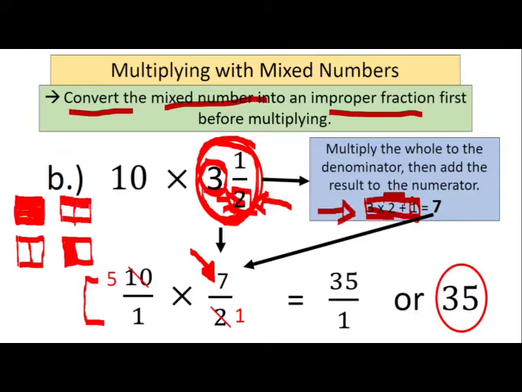Kapag bibilangin natin yon, 2, 4, 6, all in all, that's gonna give you 6. That's the reason behind we are multiplying 3 by 2, or the whole number by the denominator. And then we just need to add whatever part we have left for our fraction in here, which is 1 in this case. Kaya meron tayong 7 dito. 7 over 2 or 7 halves.